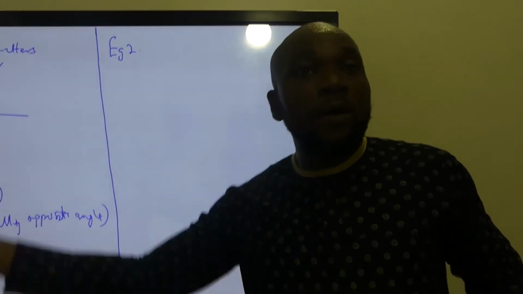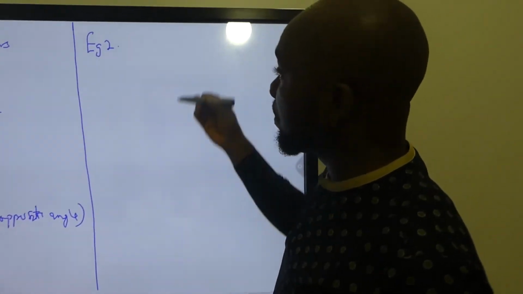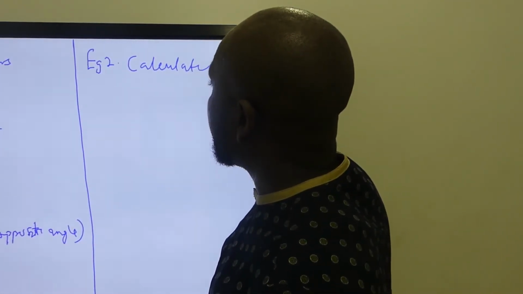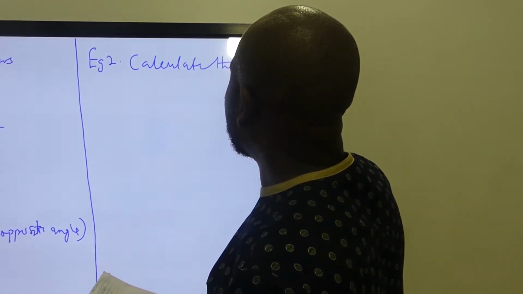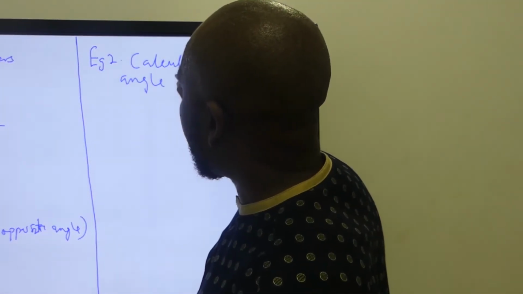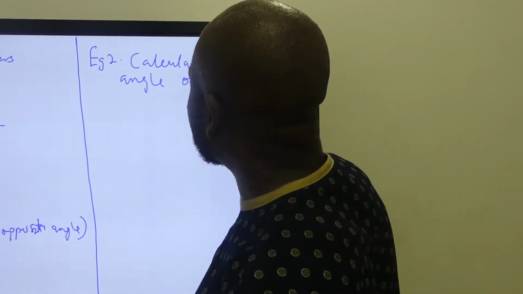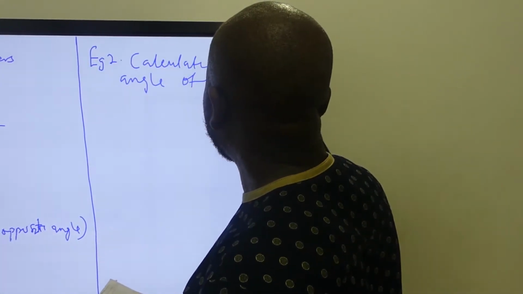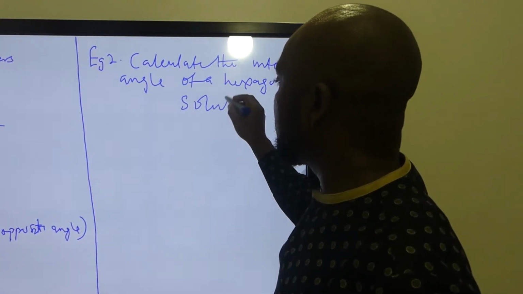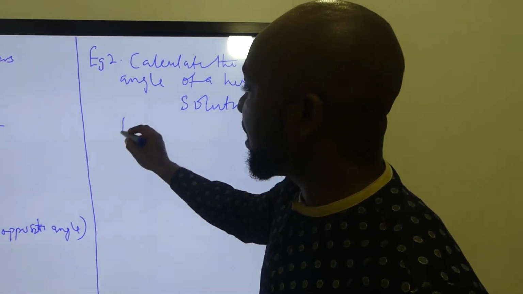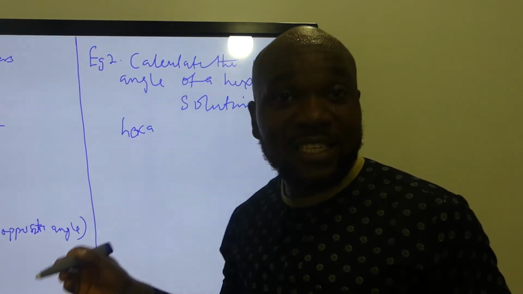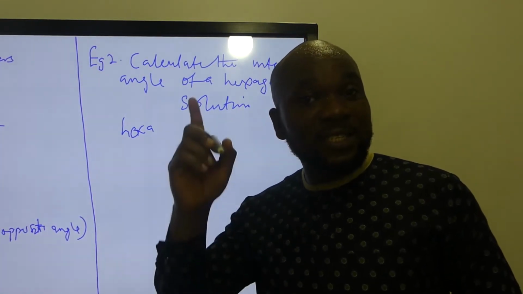What is a hexagon? Solution. Hexagon means a shape with 6 sides.